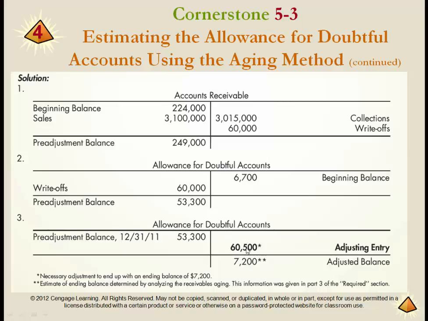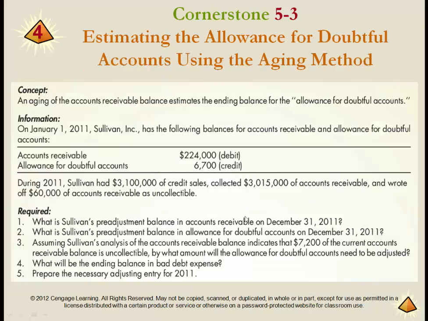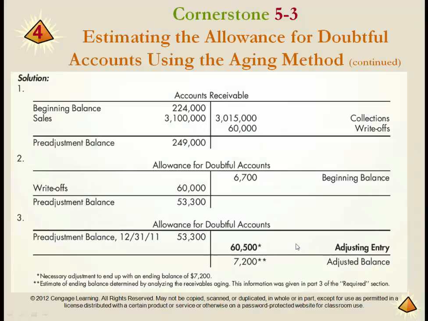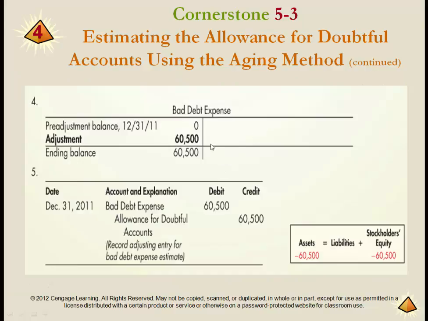So we need to back into what this 60,500 is so we can make our balance 7,200, which is, let's go back, is really what we want to have our ending balance. Here it says 7,200 is what we want. So we need to back into this number based off of this, and that's the difference between these two, gives us that $60,500. And here's what the journal entry looks like for that. We're going to debit bad debt expense, and we're going to credit allowance for doubtful accounts.